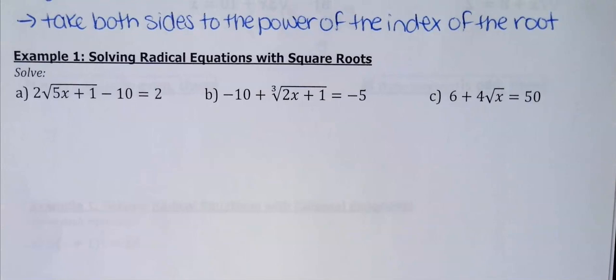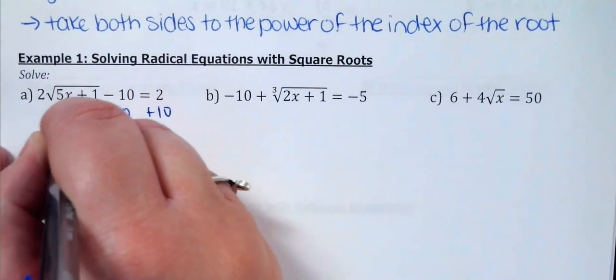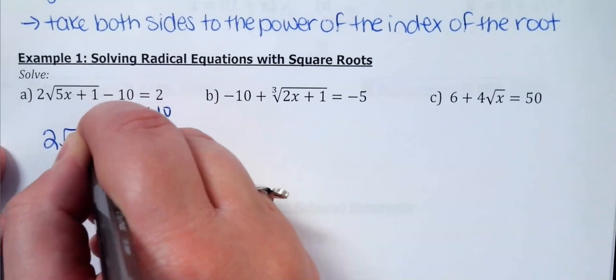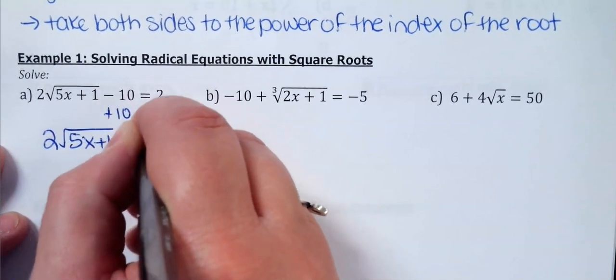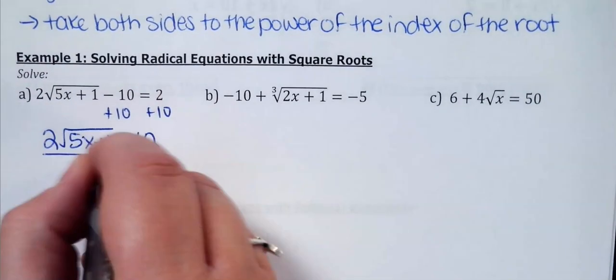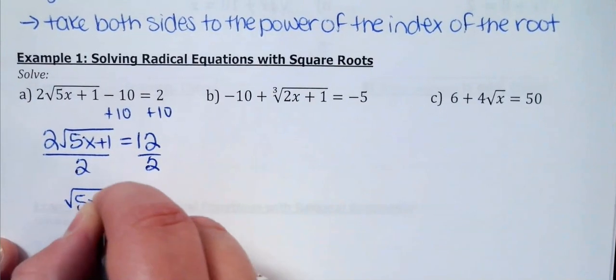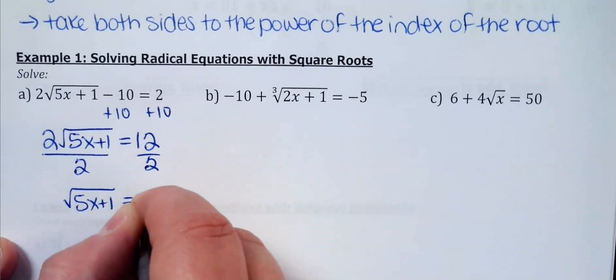Perfect, let's add 10. So I got 2 square root of 5x plus 1 equals 12. What would you do next? Yeah, divide by 2. So I've got square root 5x plus 1 equals 6.